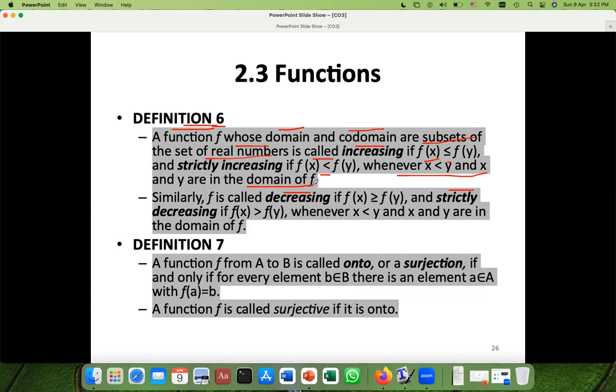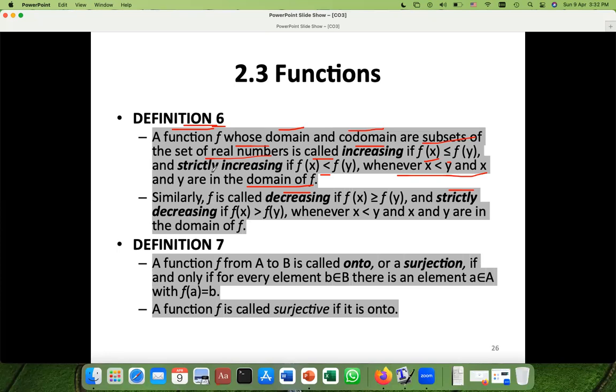This is the domain. You are taking those values from here and applying the function over them. First you have taken the value x, you have applied the function over x, you will get some result. Then you have taken the next value y, you applied the function over it, you will get some result. And now you are looking at them, that f of y is greater than f of x. If you are getting greater or equal, that is called increasing. If there is no equality, you are always getting greater, that is called strictly increasing.